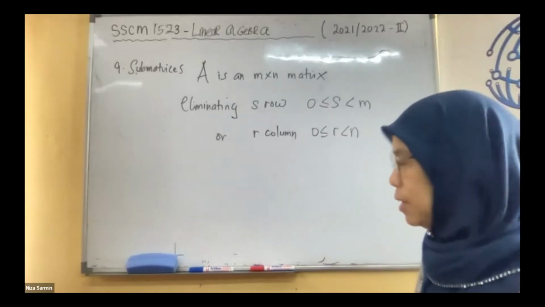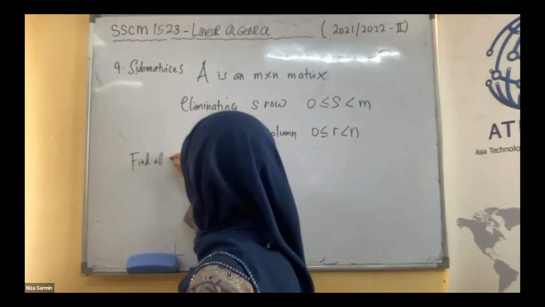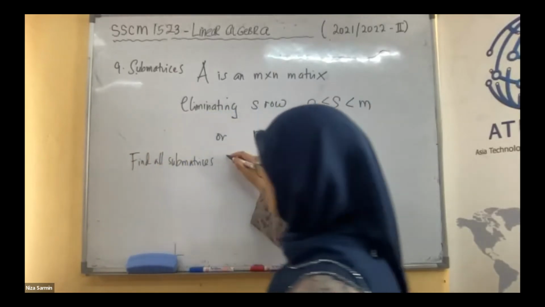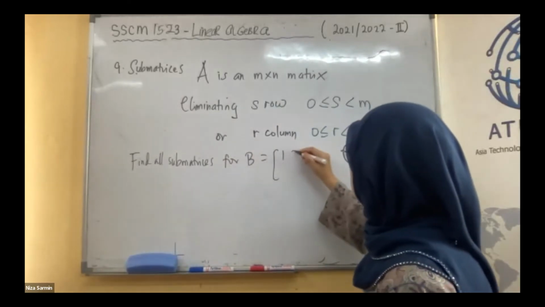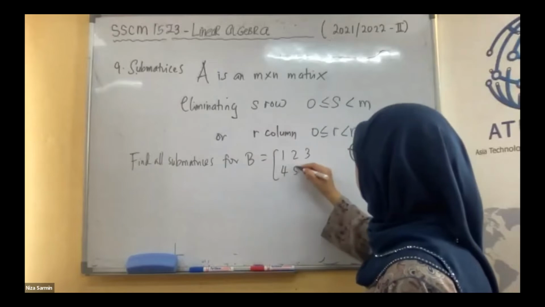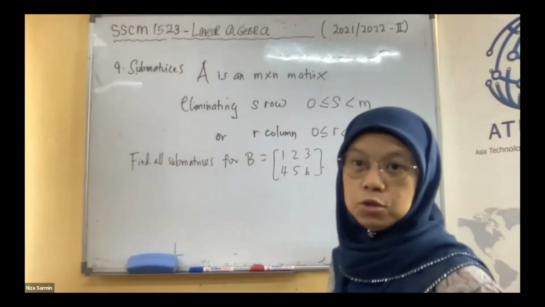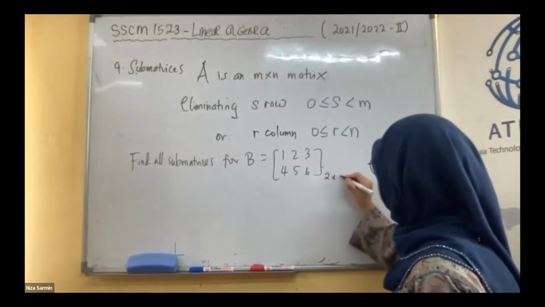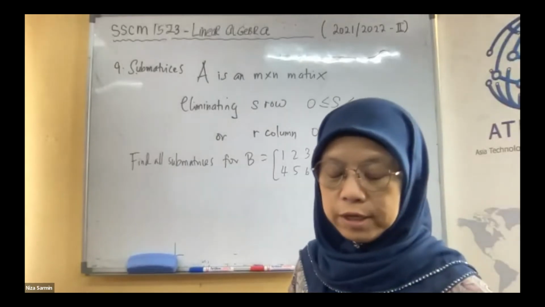So in the example, we want to find all submatrices for B, 1, 2, 3, 4, 5, 6. Okay, so this is 2 by 3.